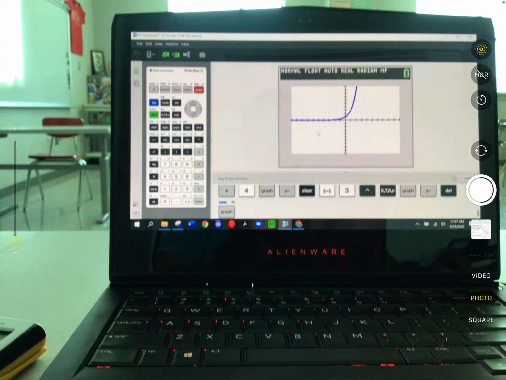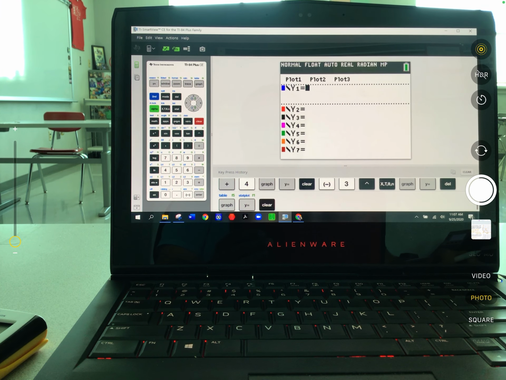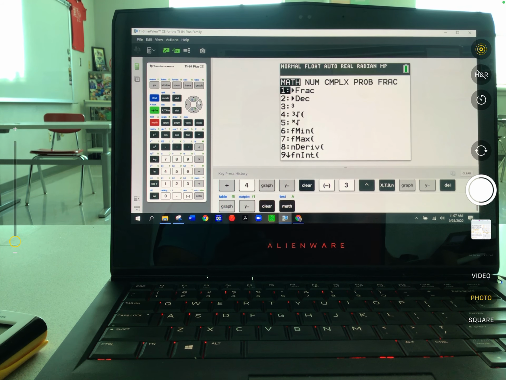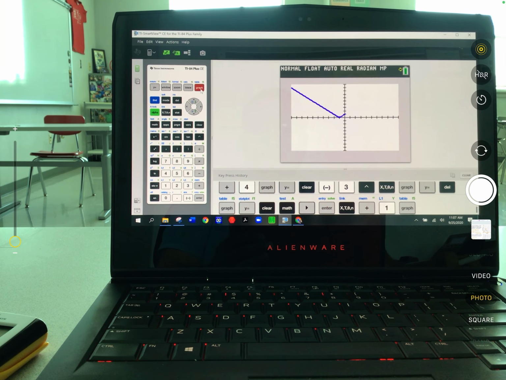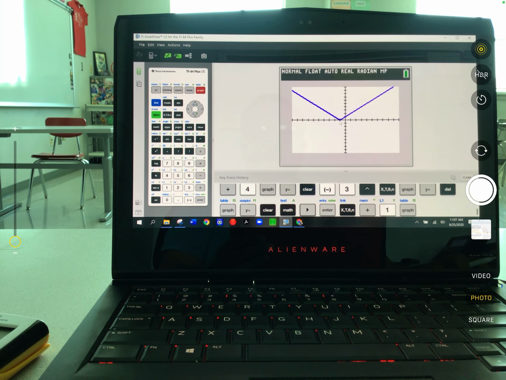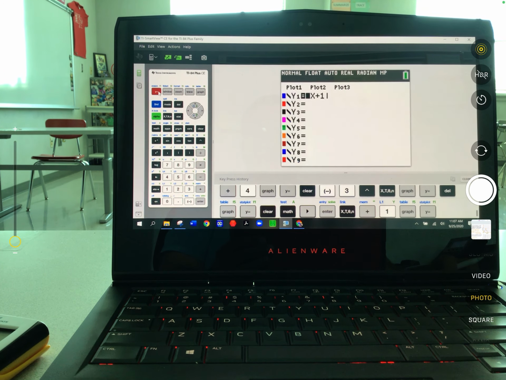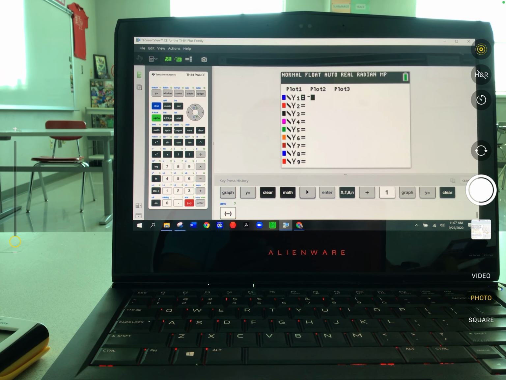Now, I know in class we've talked about what a negative does out in front. First off, absolute value. Math, go over to num, absolute value. And I wrote down x plus 1. Now I'm going to check my guess. But I did not put a negative out front there. And right now I have a minimum. So I actually need to go back and modify. I want to make that a negative out front.